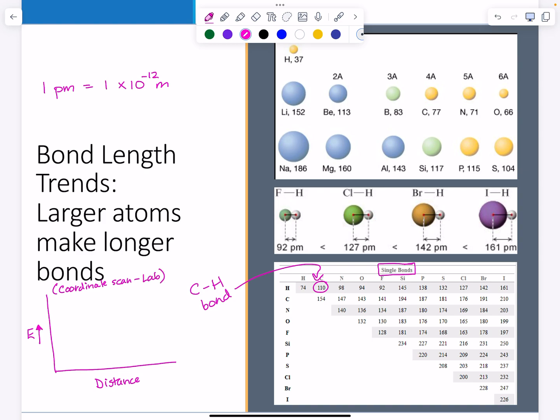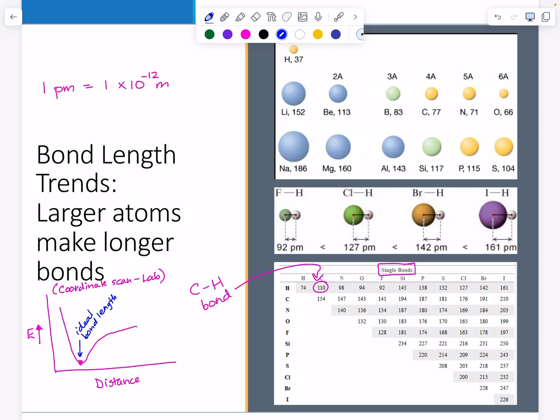It's what you did in lab when you did a WebMO exercise. What you saw is that there's a certain sweet spot where the energy is the lowest, which means it's the most favorable, and this is going to be your ideal bond length.